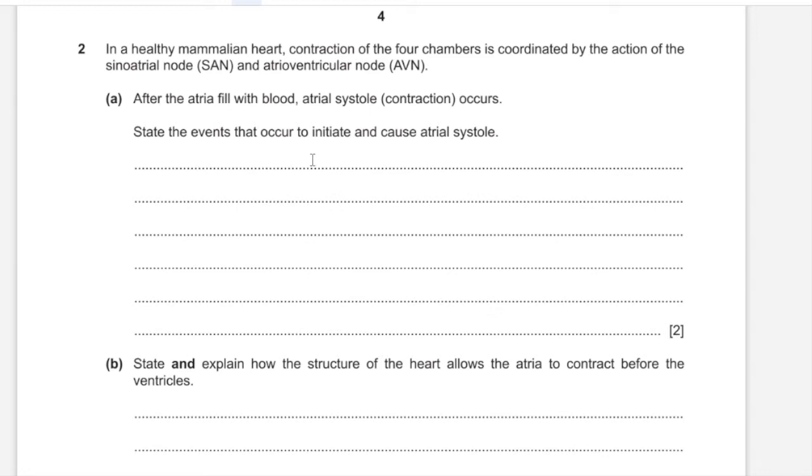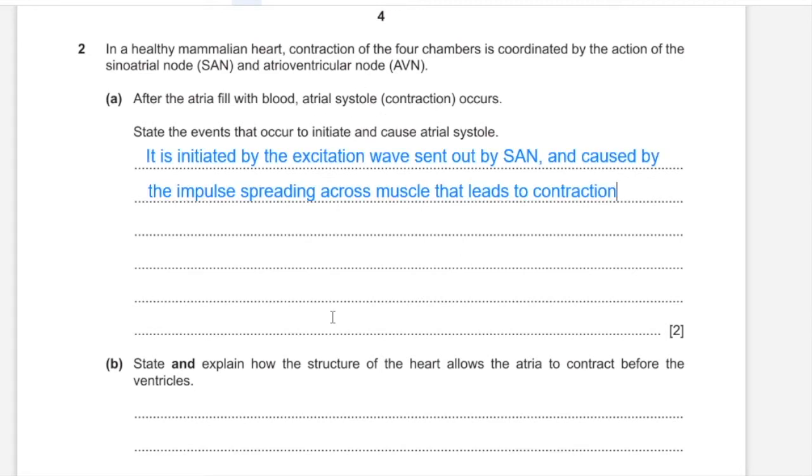It is initiated by the excitation wave sent out by the sinoatrial node in the right atrium, and then the excitation wave causes contraction of cardiac muscles in the atria, and so they contract. The excitation wave spreads across the cardiac muscles, which causes contraction of muscles, that is the atrial systole.